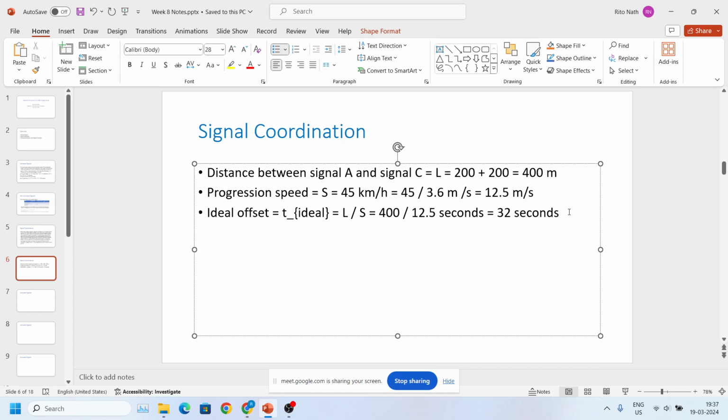The next one is asking you for the adjusted offset between different signals, not between, say, A and C. So let me write down the next portion.